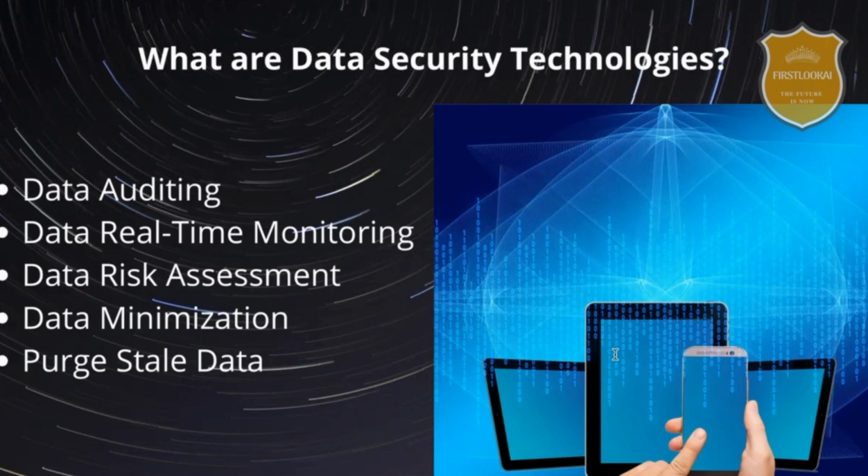So, to this end, follow best practice in data minimization and review, from a company standpoint, all data processing requirements and procedures. Next, last but not the least, under data security technology, purge stale data. Data which is not on your network is data which cannot be compromised.